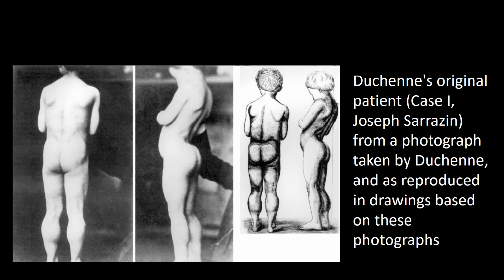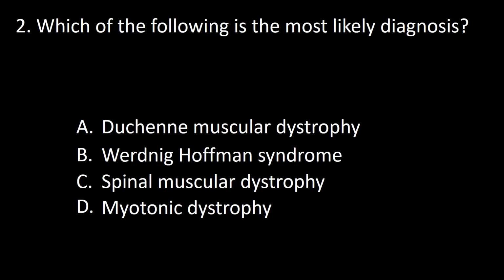The photos were taken by Duchenne of his first patient with the entity that was later named after him. Notice the marked lordosis, the large gluteal muscles, the calf hypertrophy. These are drawings based on these photographs. So the answer to this question is A.